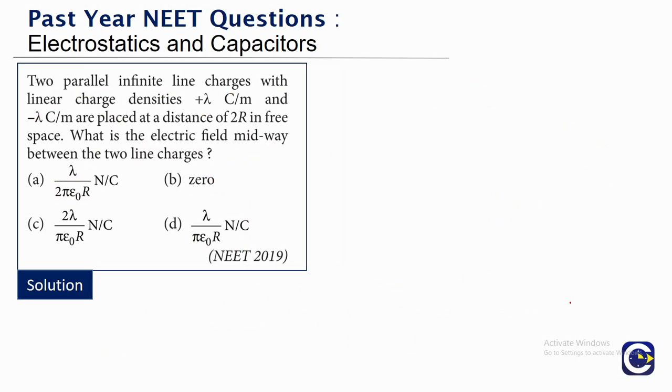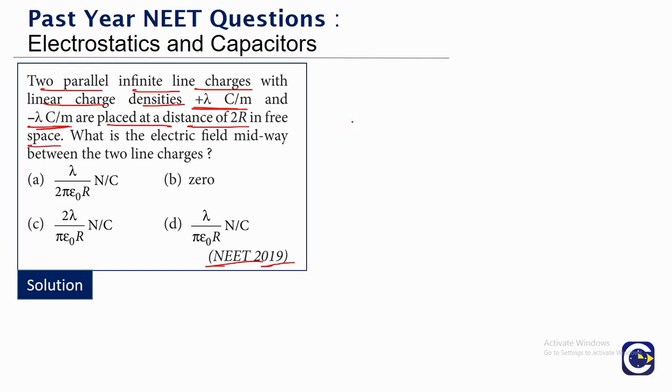This is another straight formula based question, based on the field due to an infinitely long charged wire. Two parallel infinite line charges having linear charge densities plus lambda and minus lambda means one of them is positive and the other is negative. They are placed at a distance 2r in free space.